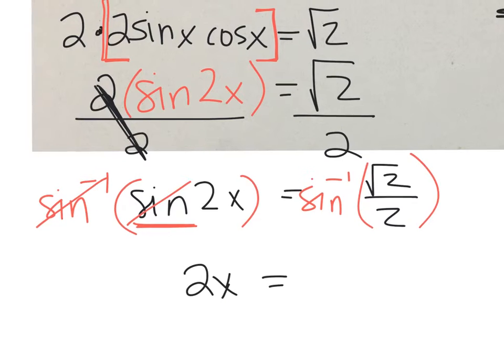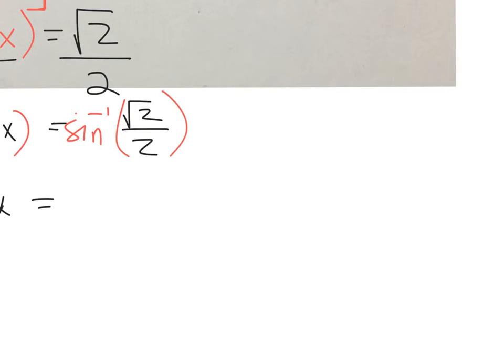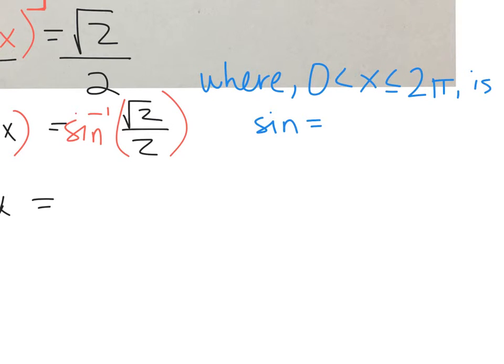Now on the right, we have to do some thinking. This question is asking you where on the unit circle, so where from 0 to 2 pi, is the sine value equal to root 2 over 2. That is the answer to this question. One of them is at pi over 4.